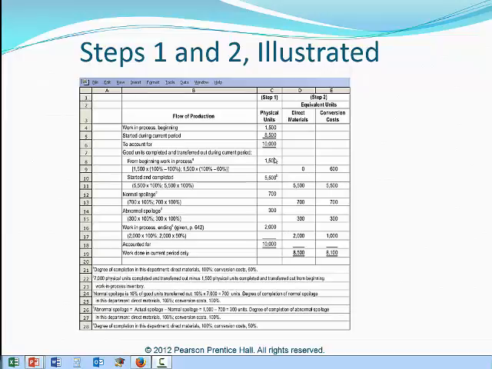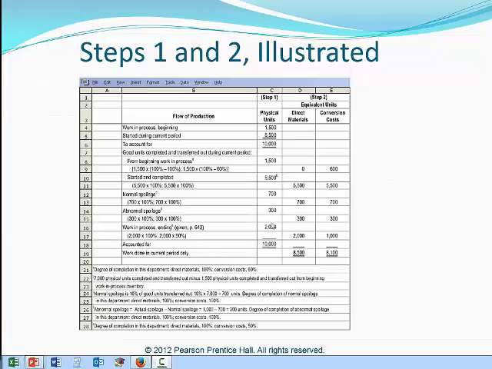We were told that we had 7,000 units completed and transferred out in the period. 1,500 of those came from a prior period. Then that means 7,000 minus 1,500 equals 5,500 that had to be started and completed in this period. So go ahead and plug in those two numbers right there.